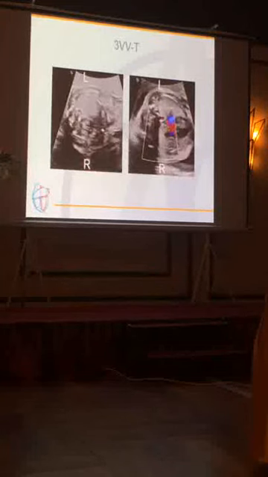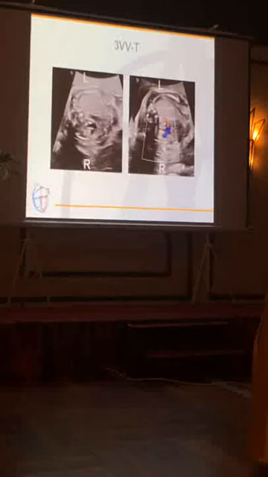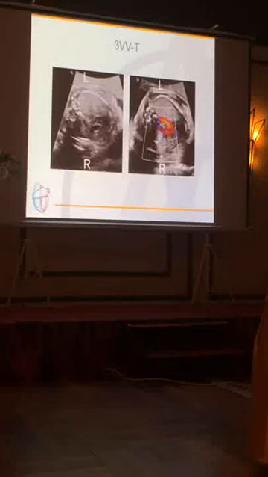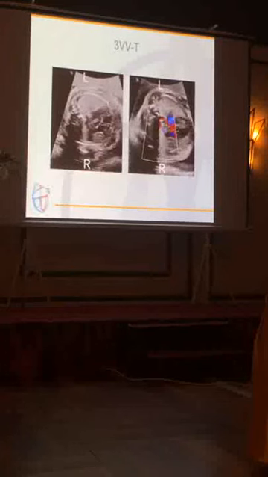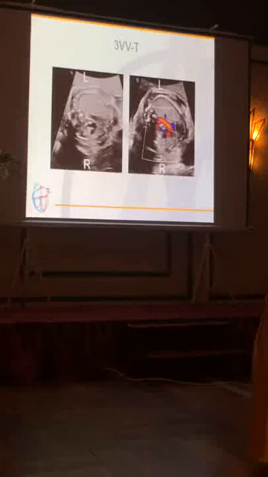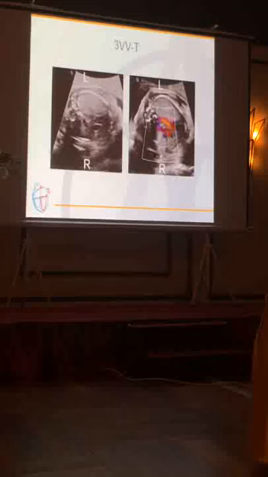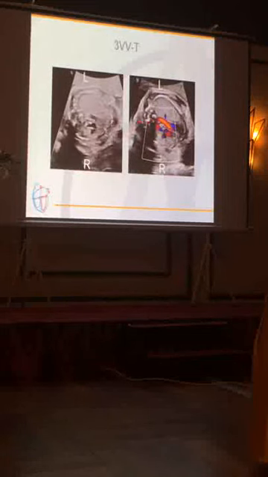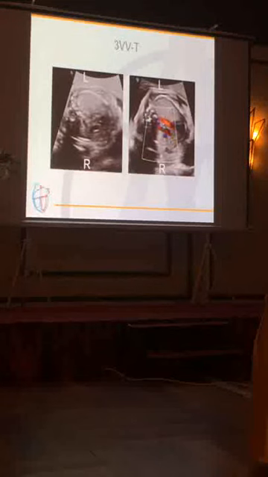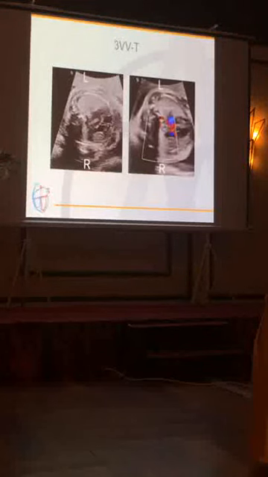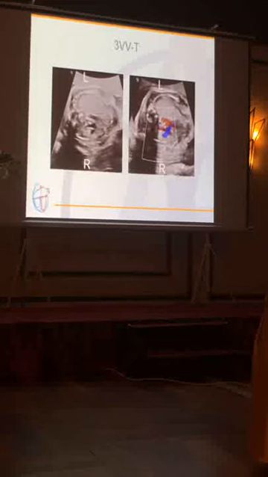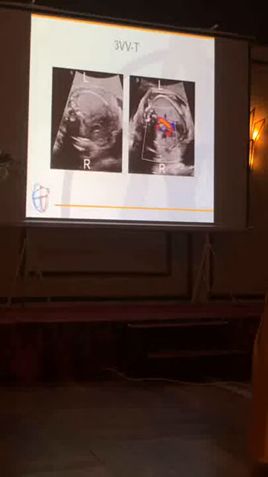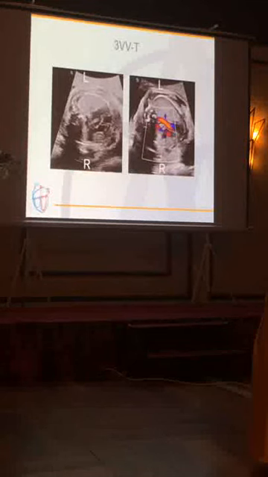Right, because in most cases it will behave like a normal arch, but there is one important thing to remember, that occasionally this descending aorta shifts from the right side to the left side in the thorax, and it may cause compression. So it's not like there is no compression.